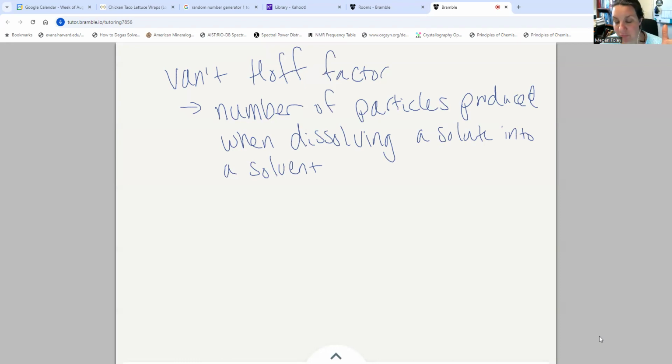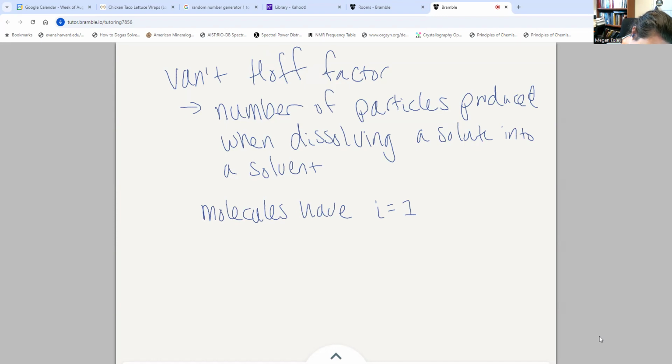So for a lot of things, that Van't Hoff factor is just going to be 1, specifically all molecules. That's because when you dissolve those particles, for every mole of the particles you put in, you get a mole of dissolved particles.